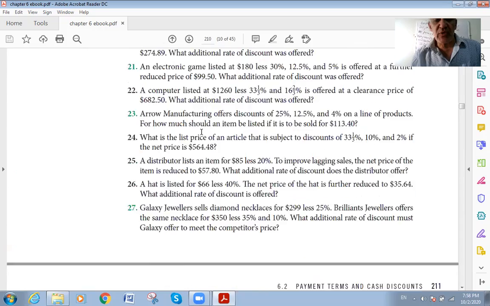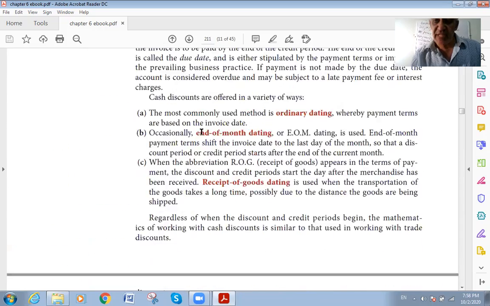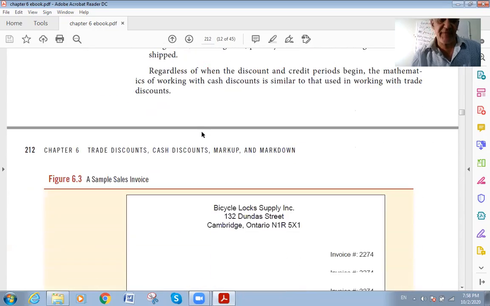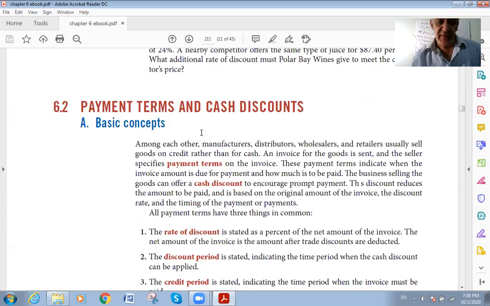Now we are going to move to another aspect which is very, very important: trade discounts and cash discounts.